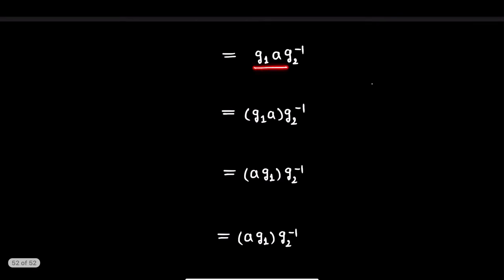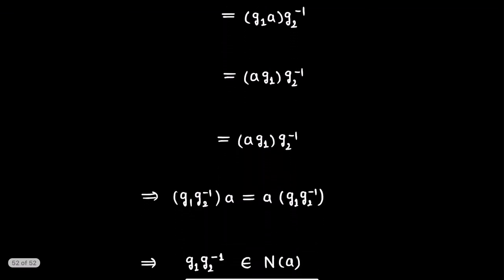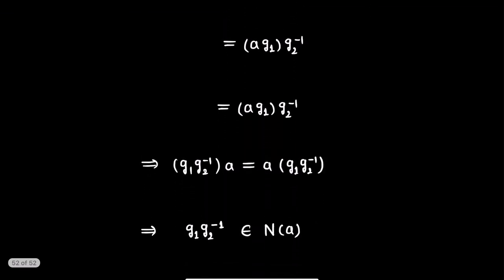Also, as g1 is a member of the normalizer of a, g1 will commute with a. Therefore, g1 a can be written as a g1. So, finally we get a g1 g2 inverse. Then again, using associativity in group G, we get a g1 g2 inverse is equal to a g1 g2 inverse.